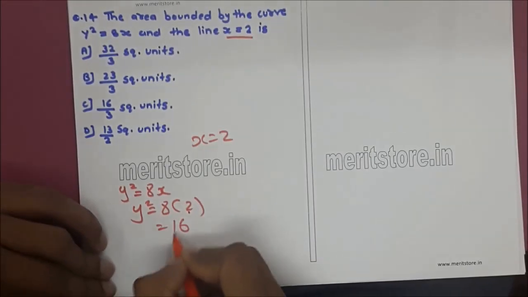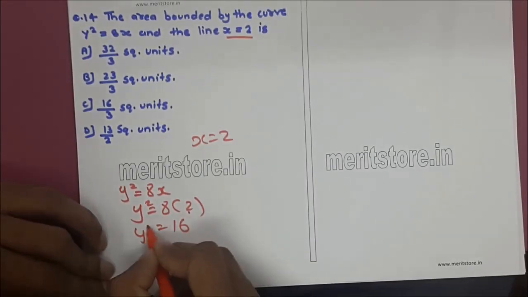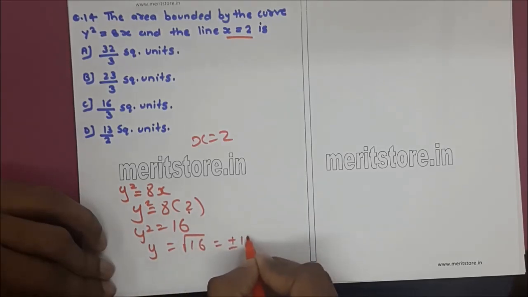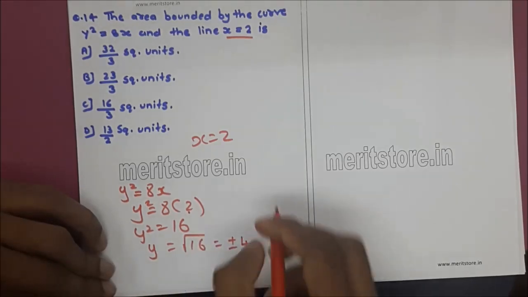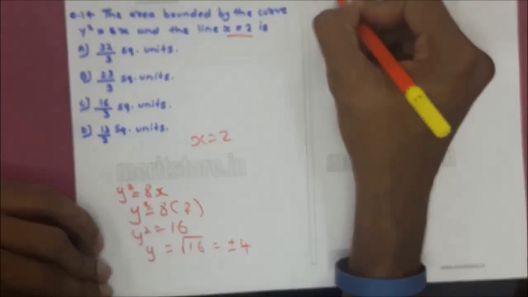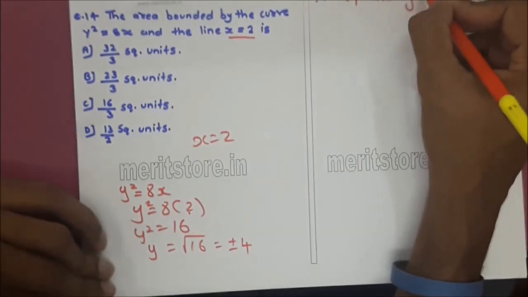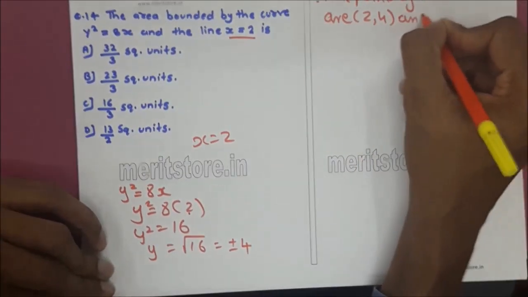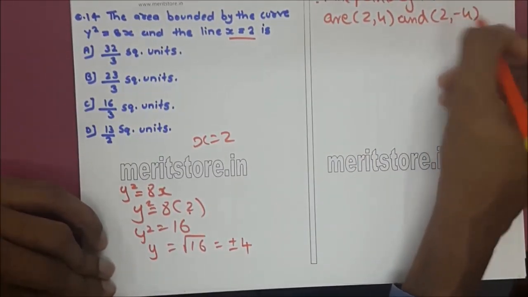So we get 16, where the square root of 16 is plus or minus 4. So the points of intersection are 2, 4 and 2, minus 4.